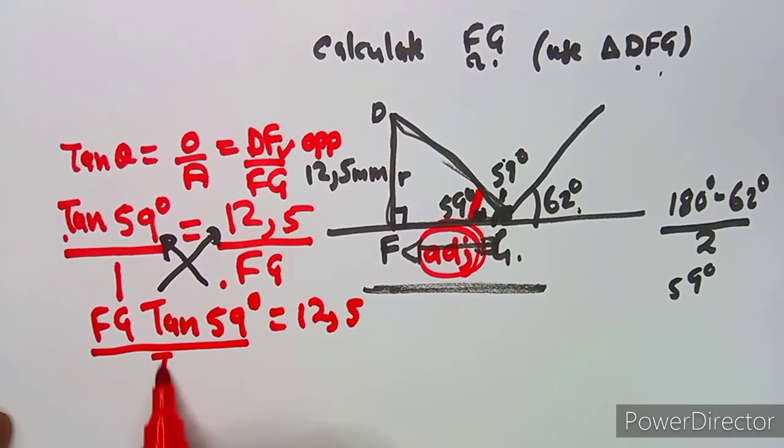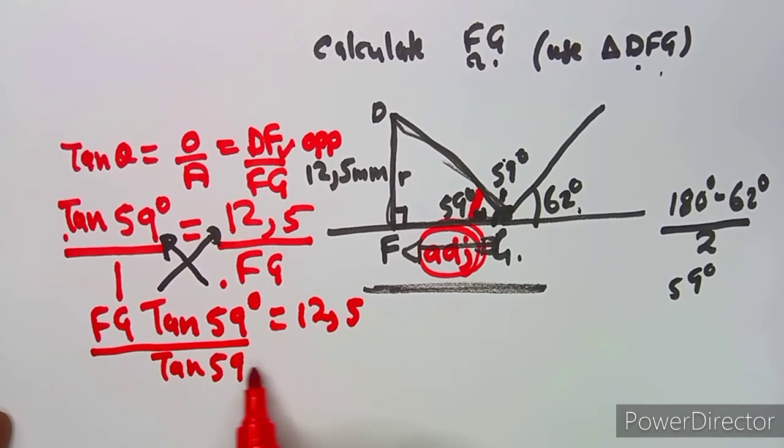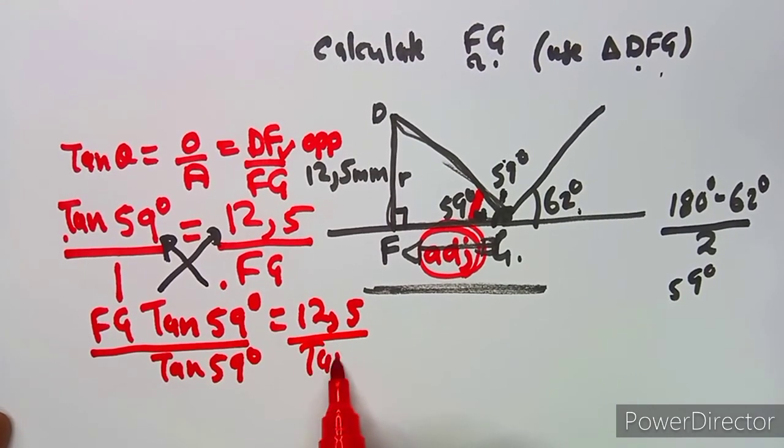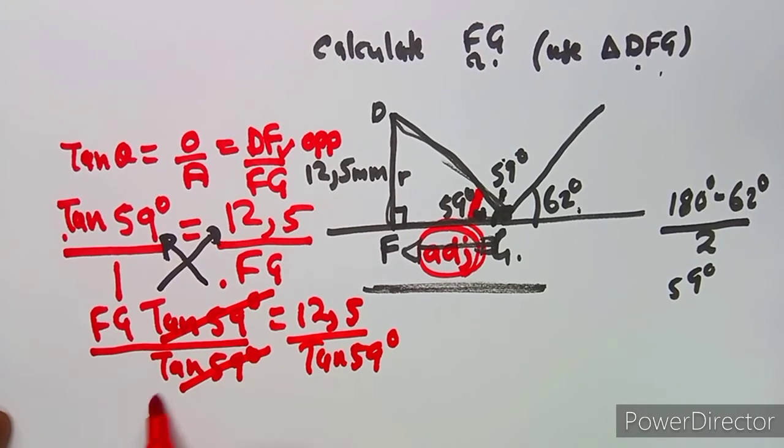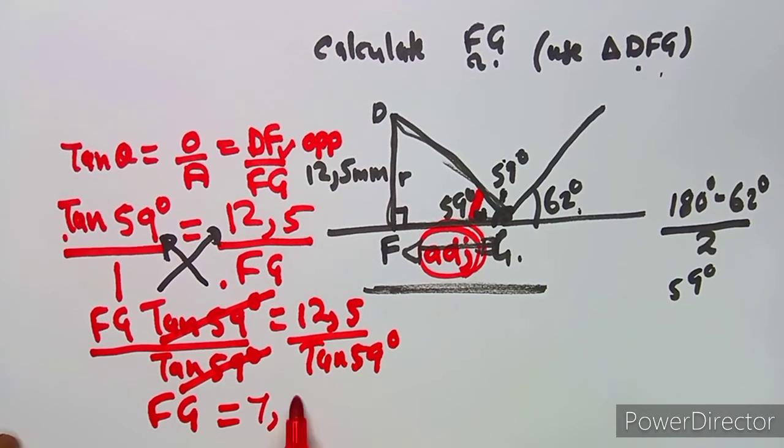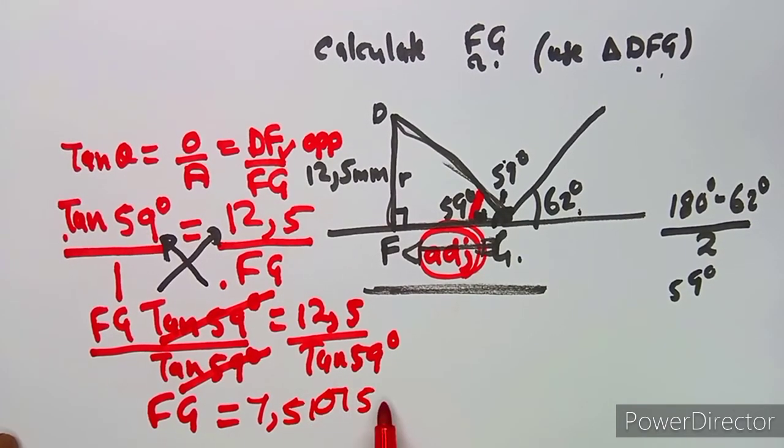Definitely I have to divide by tan 59 degrees on both sides, like this. So that's going to cancel. I'm now left with FG. So this FG is going to be 12,5 over tan 59, which will be 7,5107577, yeah, something like that.